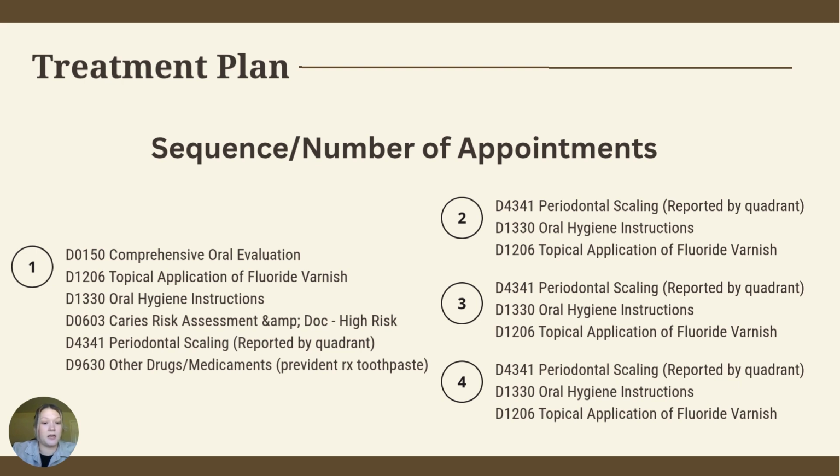I had a plan to start one quadrant of the mouth, and I prescribed Prevident. The dentist prescribed Prevident. Appointment 2 just continues to more periodontal scaling, and the next 2 are also the same, just kind of working on his non-surgical periodontal therapy by quadrant.